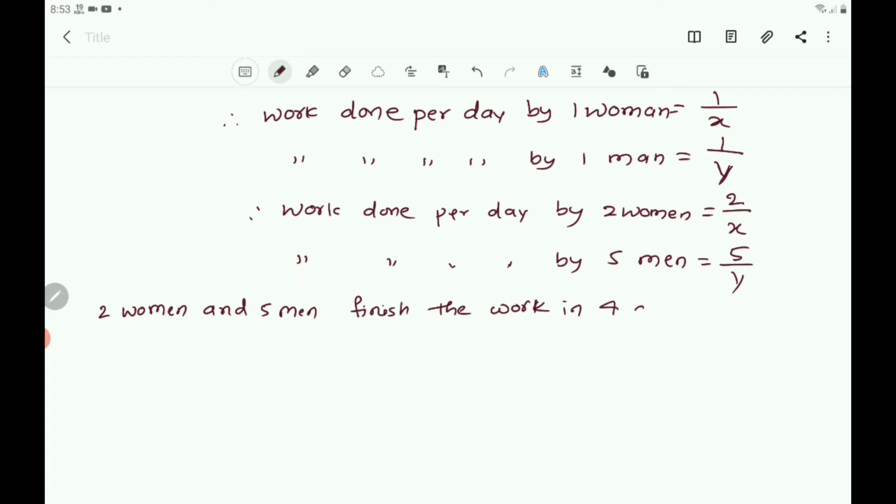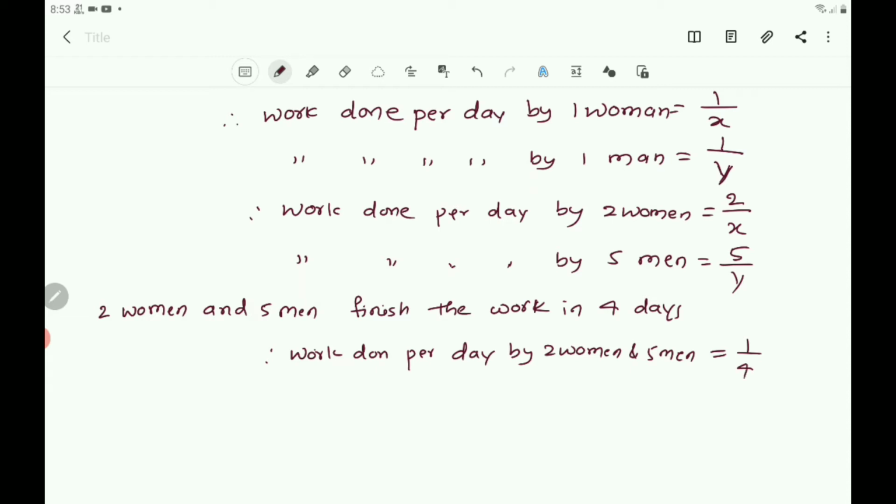In 4 days. Therefore, the part of the work done per day by them, work done per day by 2 women and 5 men equals what? 1 by 4.